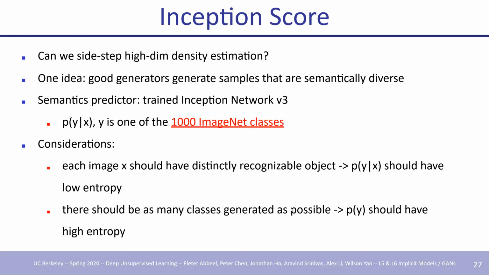So we shouldn't just generate dogs, but everything: dogs, cats, planes. If we look at the distribution of all of the labels generated, it should have high entropy so that all of the 1,000 classes are covered equally. So using this idea, they came up with the inception score.